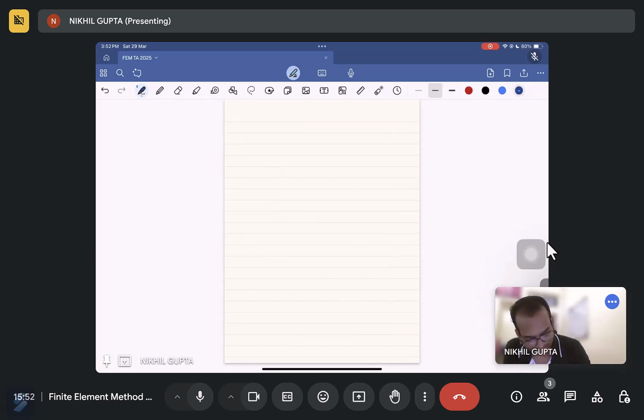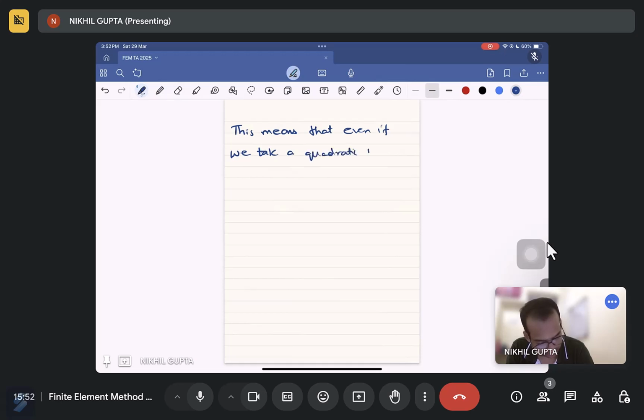So this means that even if we take a quadratic term of xy in the approximation, the convergence remains the same.